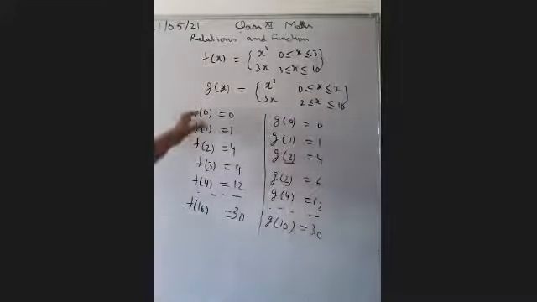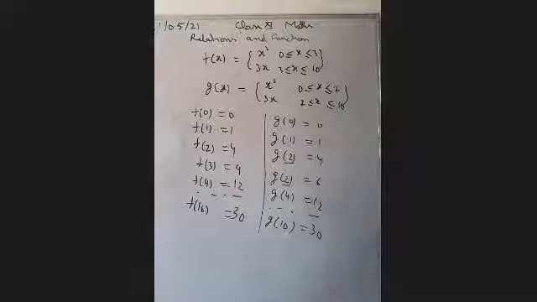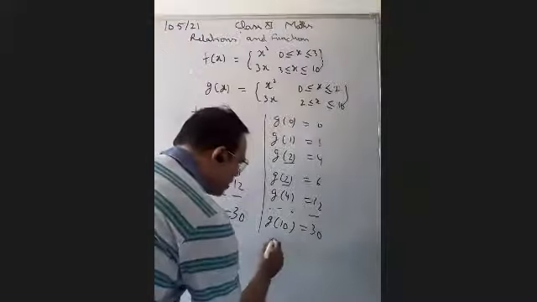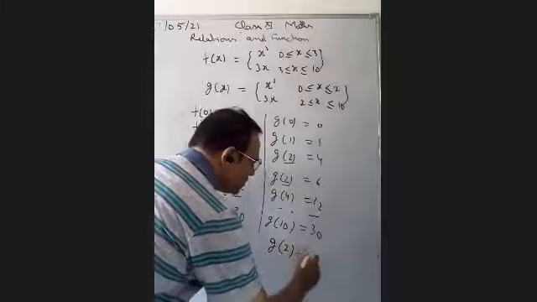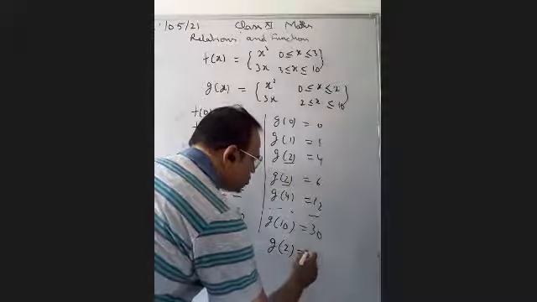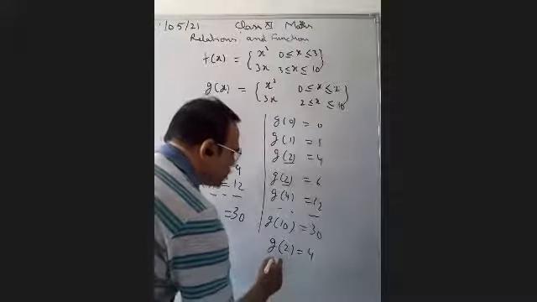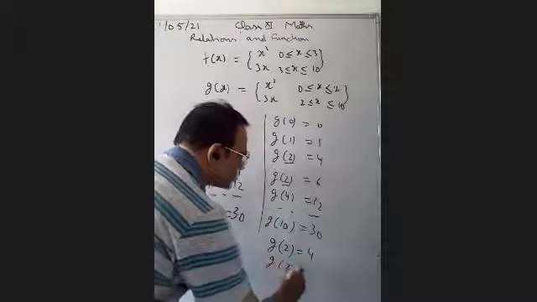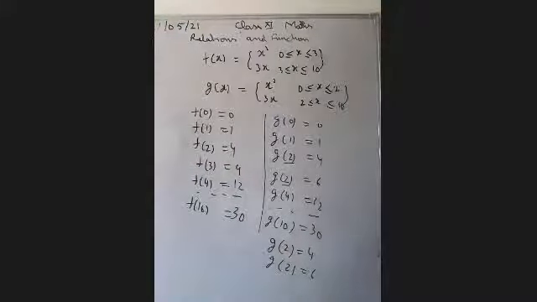So f is a function, but g is not a function because the same element has different images. f(2) is equal to 4 but g(2) is equal to 6. It is not a unique image. Here we are observing that different elements have different images, so it is a function.